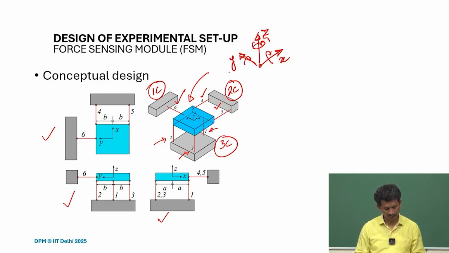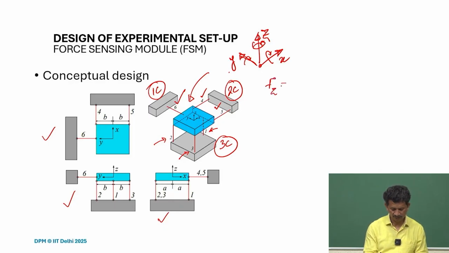So for instance, if there is a force along z direction, Fz, and if we assume that all the constraints are articulated, so each can only provide constraint along the longitudinal direction. So what we will see is that if there is Fz, then it will be F1 plus F2 plus F3.